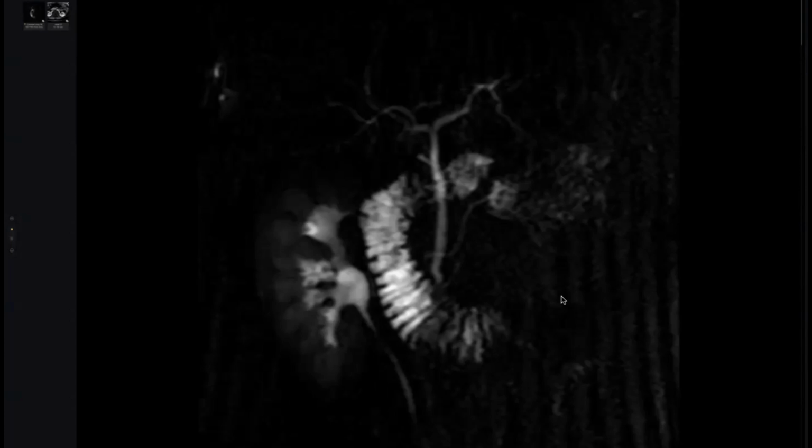Other techniques can also be done, but these are the most commonly done to see the abdominal viscera, and heavily T2 to see the fluid. Sir, I just know this. Yes, no problem. This is an open discussion.